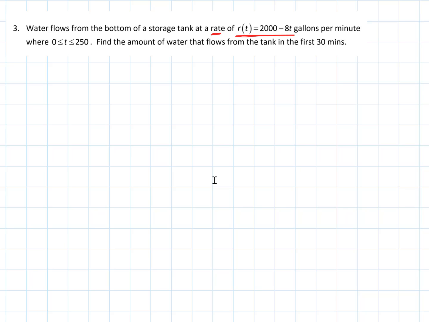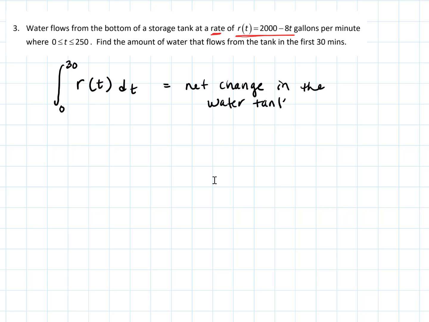If we want the amount of water that flows from the tank in the first 30 minutes, that's going to be represented by the integral from 0 to 30 of the rate of change, R of t. That's going to give me the net change in the storage tank.